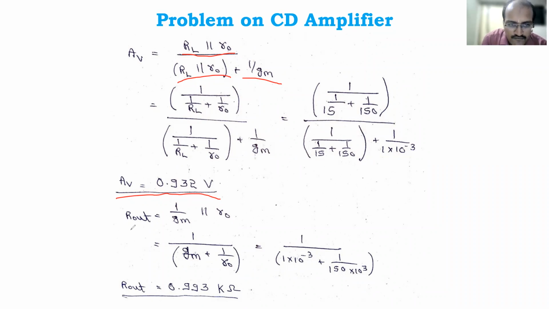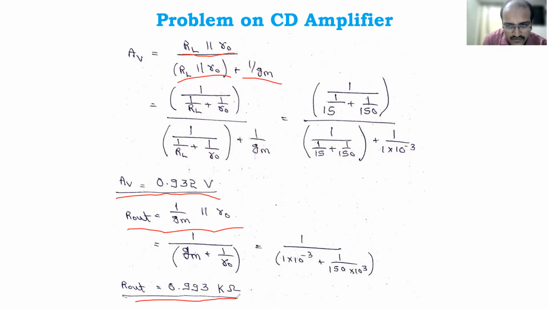And finally the R out value. R out is now 1 by GM parallel to R naught. Previously it was just 1 by GM, which gave 1 kilo ohm. Now you can use 1 by GM into R naught by 1 by GM plus R naught. Substitute the values and you will get 0.993 kilo ohm. I want you to work this out using a calculator.